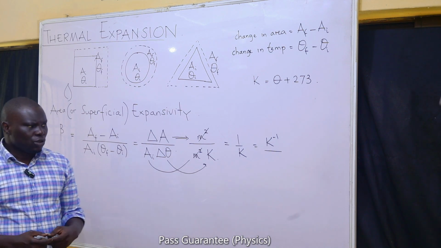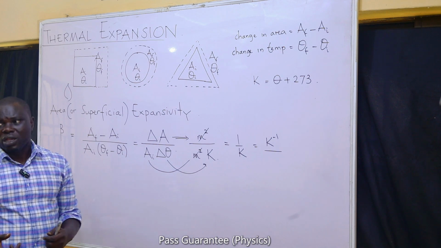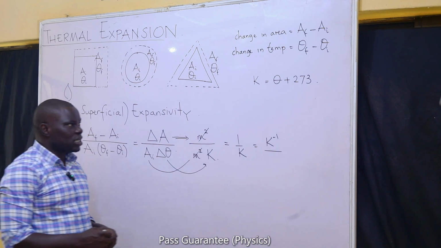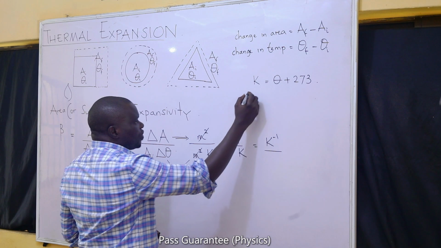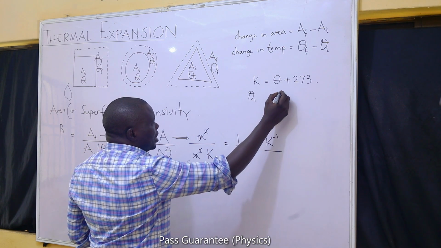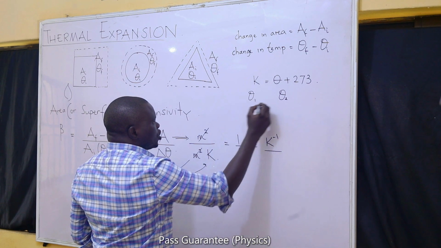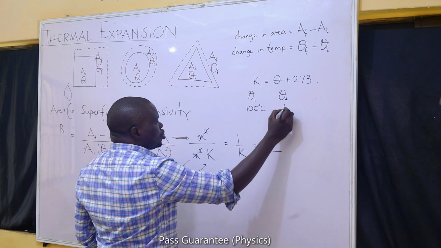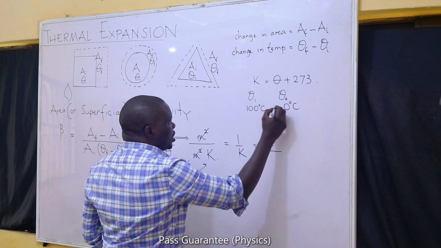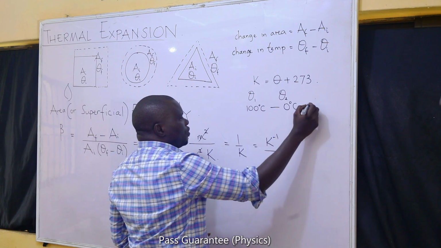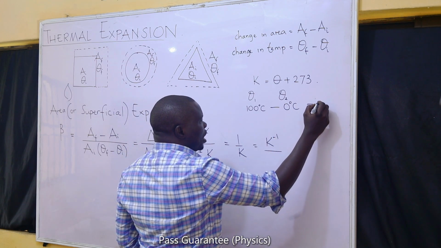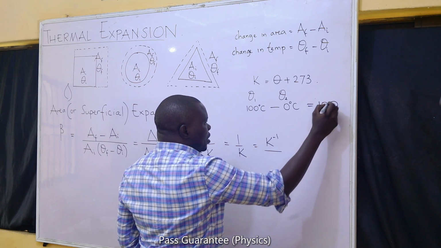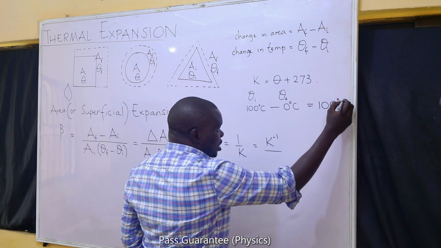To show you that change in temperature in Kelvin and Celsius are the same thing, I want to take two different temperature values. Let me talk about theta 1 and theta 2. Let us assume that theta 1 is 100 degrees Celsius and theta 2 is 0 degrees Celsius. If I find the change of the two temperatures, I should have 100 degrees Celsius.